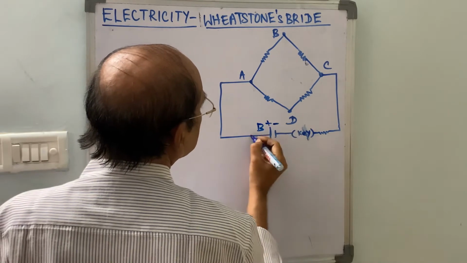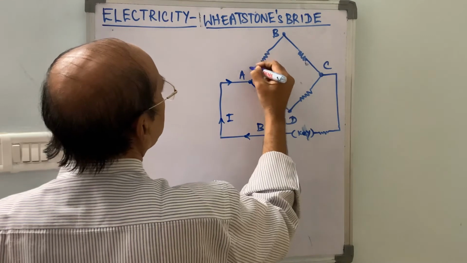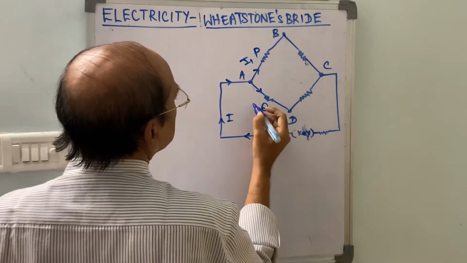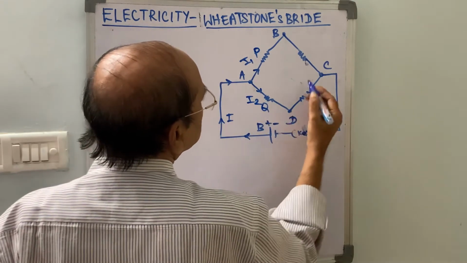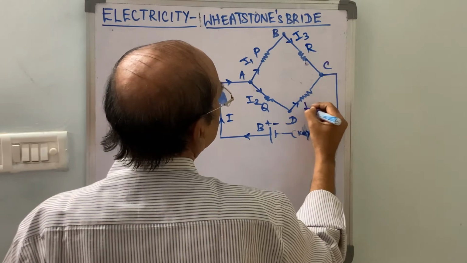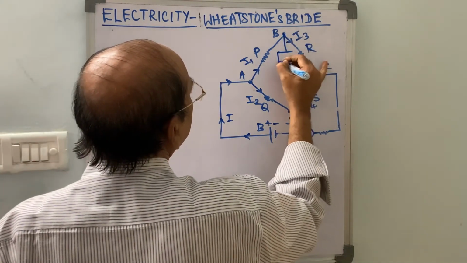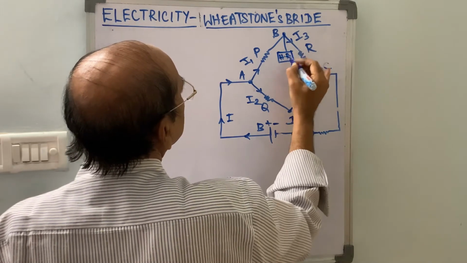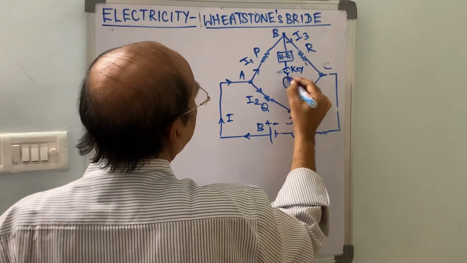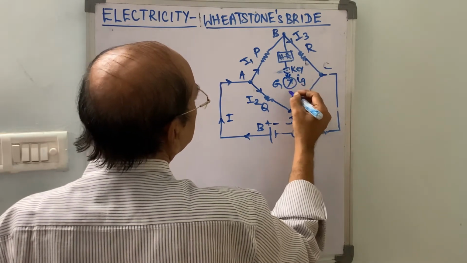Let this be positive and negative. The current is flowing in this direction, and this I splits up at A as I1 in this resistance P and I2 in this resistance Q. Let this be R, and let the current flowing through it be I4, and let this resistance be S. Between B and D is the galvanometer, the current flowing through it is IG, and its resistance is G.